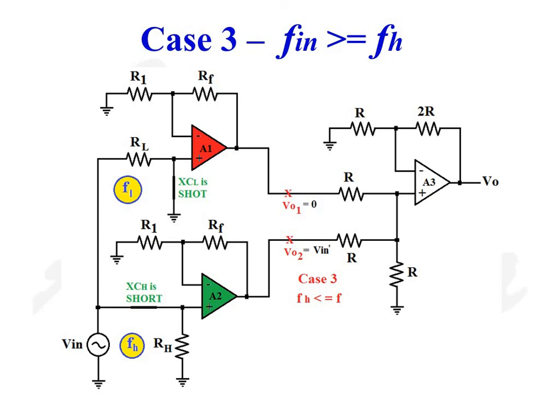So output of operational amplifier A2 is equal to Vin dash, which is equal to Vin into 1 plus Rf divided by R1. So for the two-input non-inverting summing amplifier, the two inputs are 0 and Vin dash. So output of the non-inverting summing amplifier is equal to Vin dash.